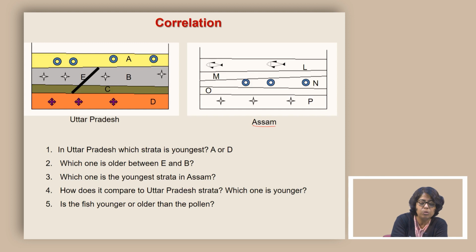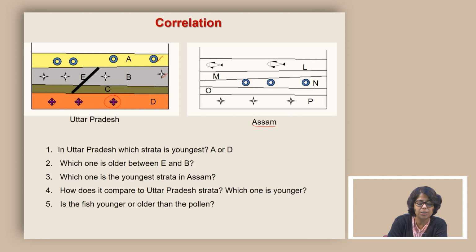What we will also see is that there are different layers A, B, C, D and E, and here it is L, M, N, O and P. There are some fossils, some are donut shaped, some are star shaped, some do not have any, and some have these complicated star shapes. So, what we can say at this point is we can start correlating and try to answer the questions.